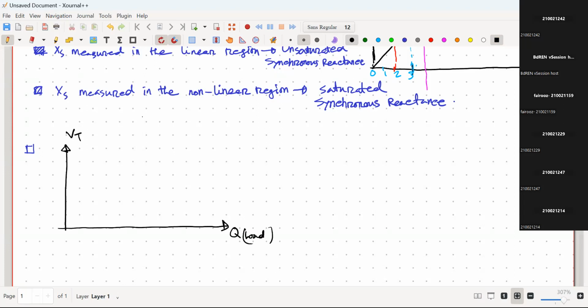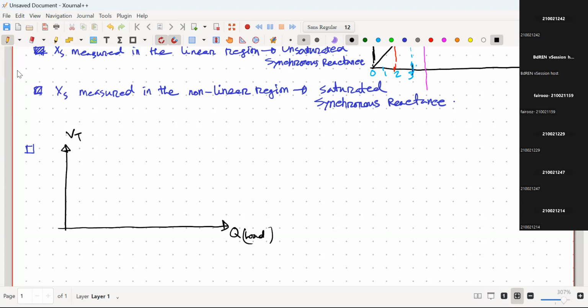what happens to the terminal voltage? Can anyone tell? Terminal voltage decreases, right? Do you remember this phenomenon from the previous lectures? The vector diagram, and I showed you three different lines from Chapman's book that if I increase lagging load, terminal voltage decreases significantly.